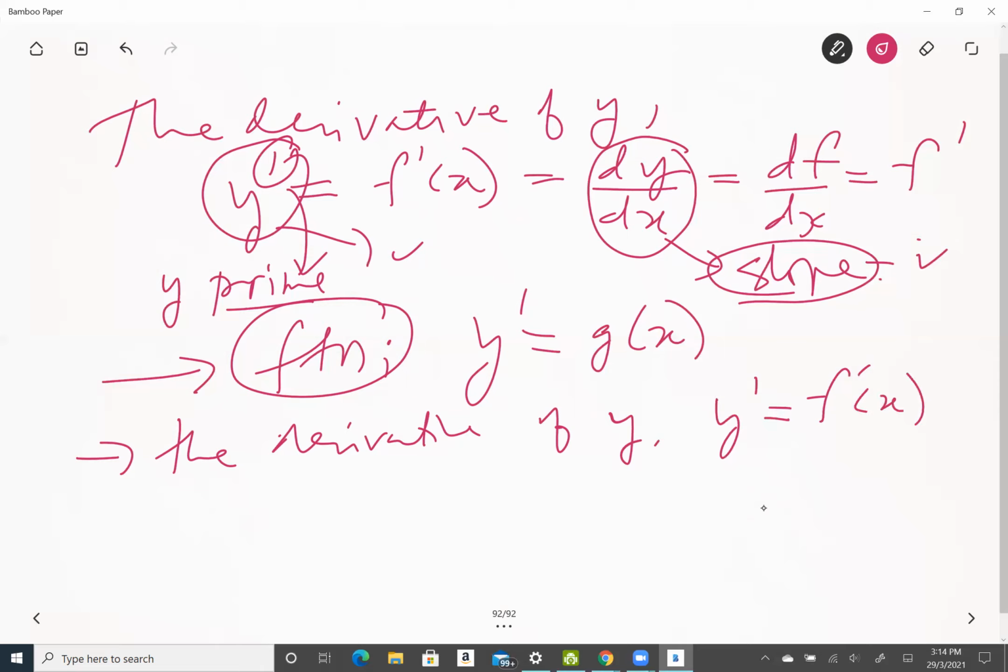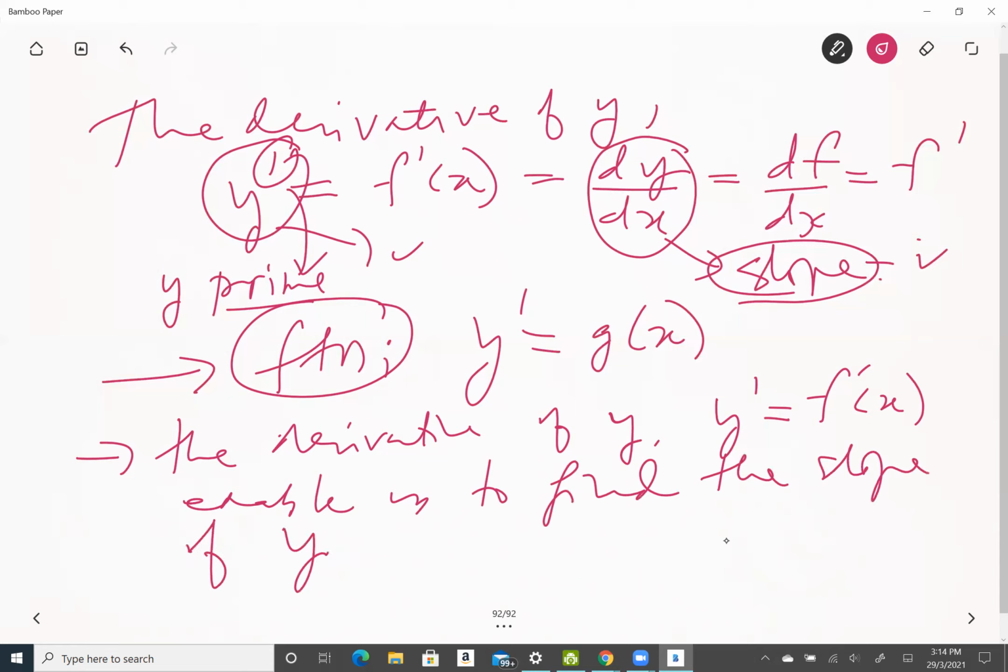This expression will enable us to determine or find the slope of the curve y equal to f of x at any point.